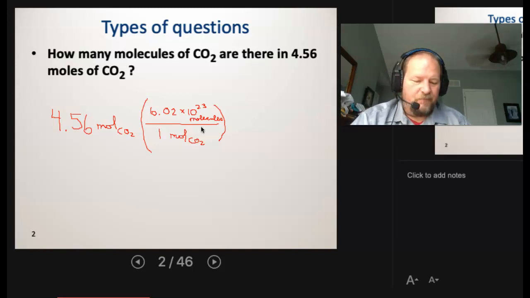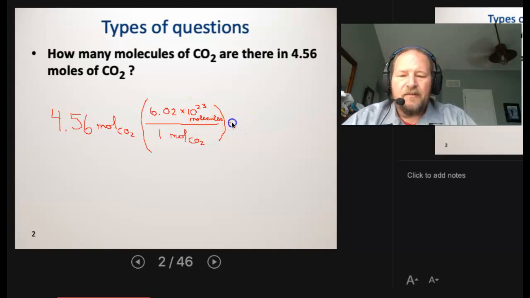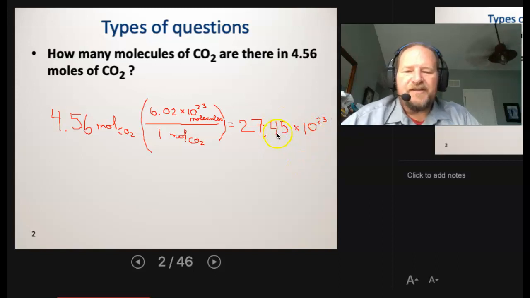And so I'm going to take 4.56 times 6.02. That's going to give me 27.45. And of course, I'm going to bring that 10 to the 23rd out, so this would be times 10 to the 23rd. Now I'm just going to clean this up a little bit.